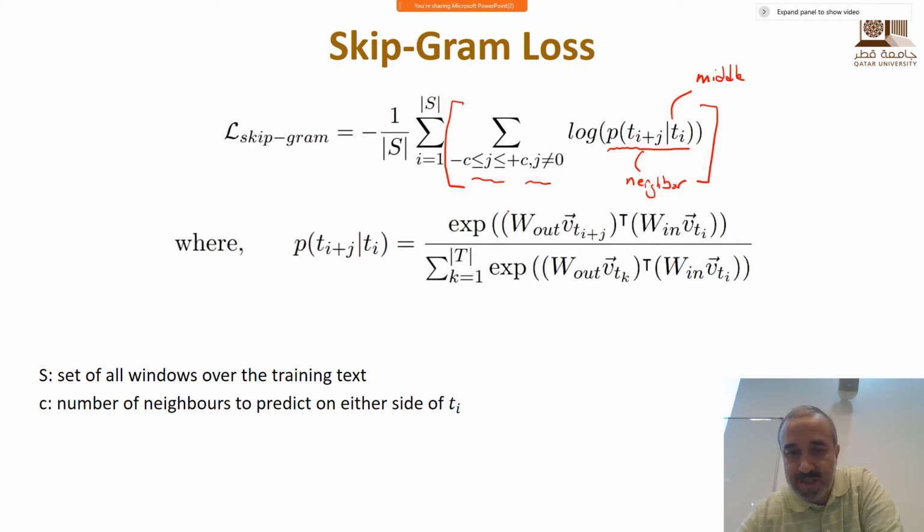This is the out embedding, which is what we want to get eventually for term Ti plus j, and this similarly is the in embedding for term Ti.